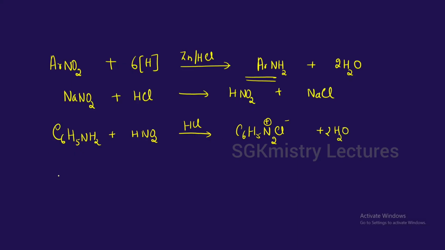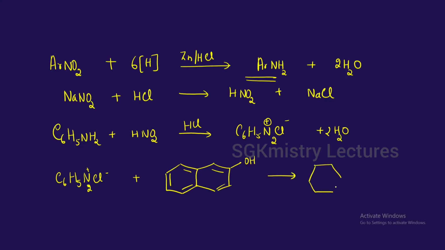Now this C6H5N2+ Cl-, plus here you're going to take beta naphthol in NaOH, right? So we have beta naphthol in the presence of NaOH, and a coupling reaction takes place. So we have the benzene ring, N double bond N, which is from the benzene diazonium chloride.